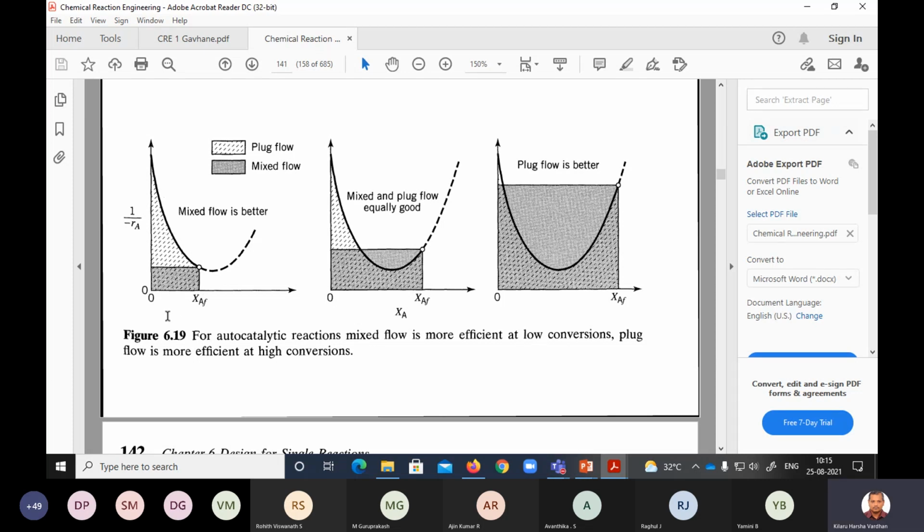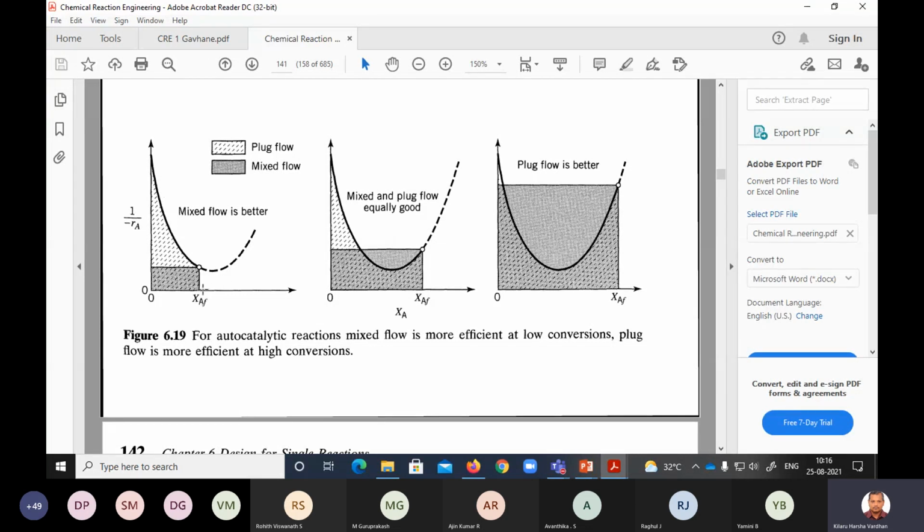But if you use an MFR for the same type of autocatalyzed reaction, what will be the area of MFR? This is XAF, and this is the area of a rectangle. This dotted, shaded part is the rectangle, MFR. This entire part is for the plug flow.